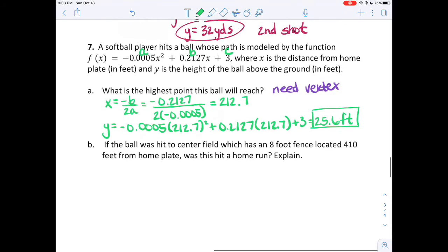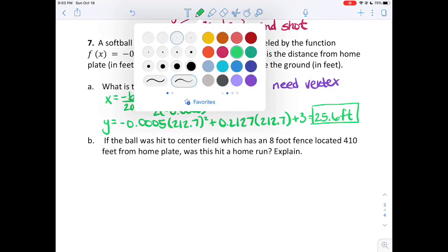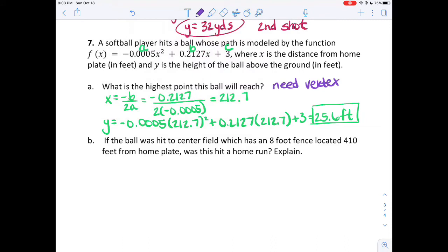Finally, we have one last question. And that question is, if the ball was hit to center field, which has an 8-foot fence located 410 feet from home plate, was this hit a home run? And they want us to explain that. So, is it a home run?